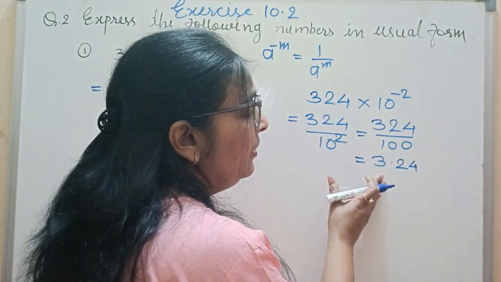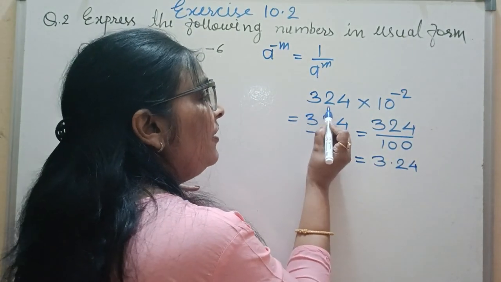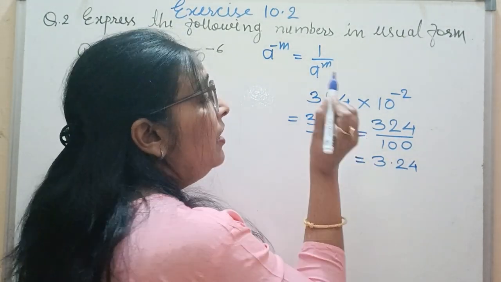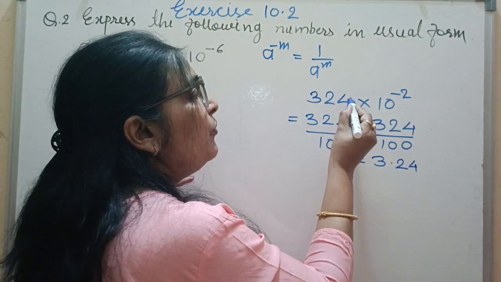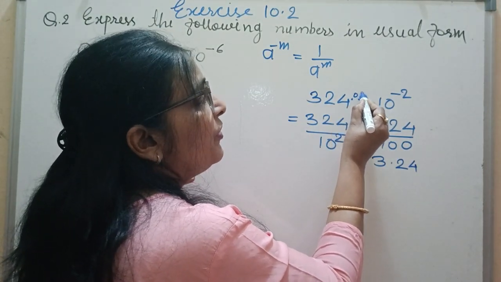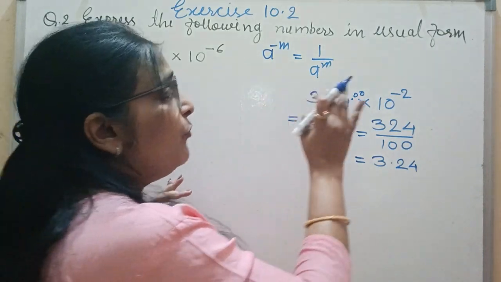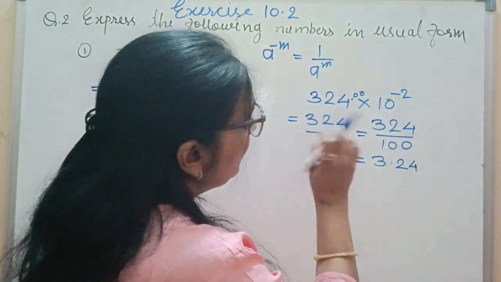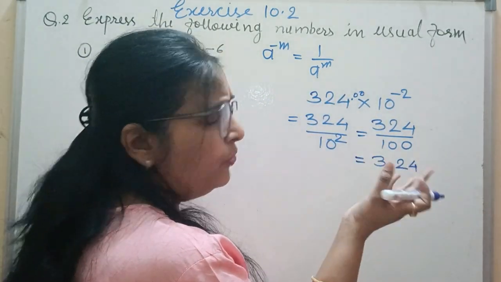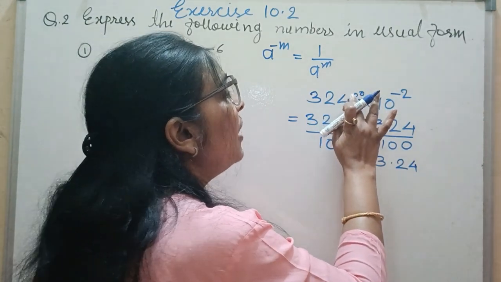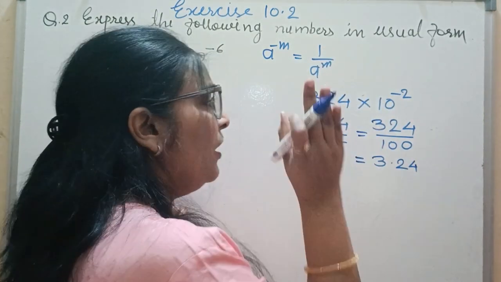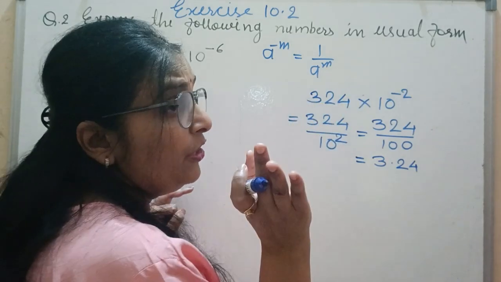Okay. Now this only we are going to use here. What had we done here? 324 is given. That means after 4 the decimal point is there and after that 0 is there. Therefore only 0 means no meaning of those zeros, so we are not writing the decimal point. We are writing only 324.